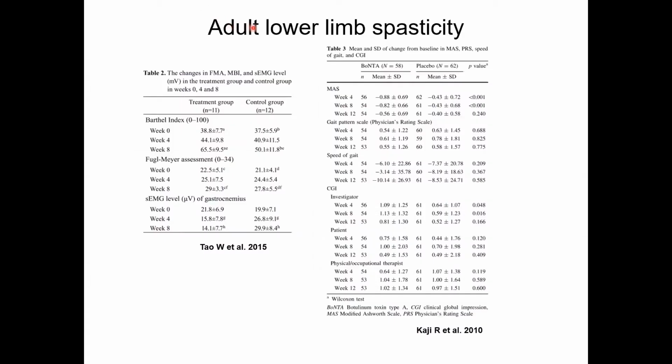Regarding adult lower limb spasticity, several investigator-initiated randomized controlled trials, which may be phase 2A or 2B trials, had been conducted and the therapeutic efficacy was suggested.